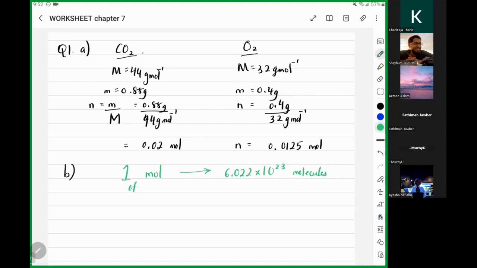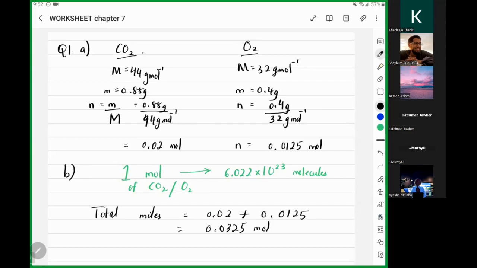Whether it is CO2 or O2. So therefore, this is what you can do. You can find the total moles. Total moles are 0.02 plus 0.0125. So what is that? 0.0325 mole.